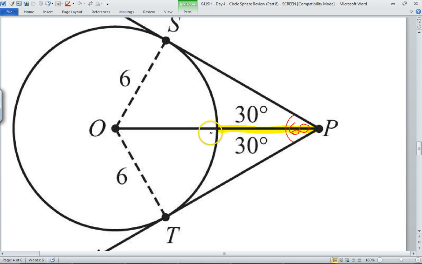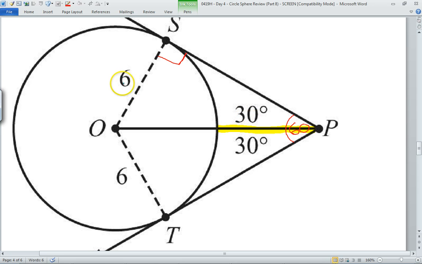So, what shall we do? Well, 30 degrees. If we remember the very important property about a radius and a tangent, a radius is always perpendicular to the tangent. So this is a 90-degree angle, a right triangle. 30 degrees is a very special angle.